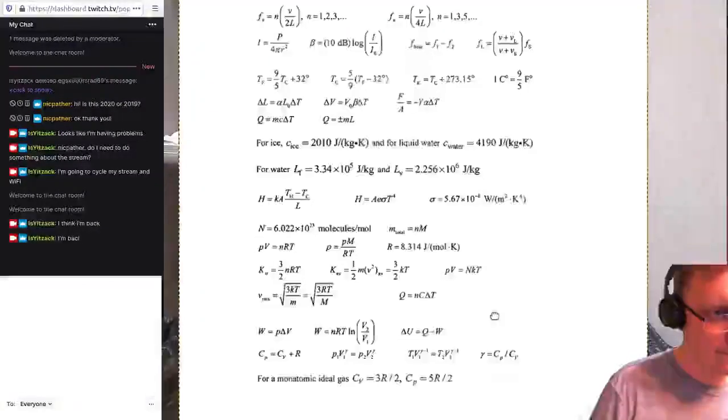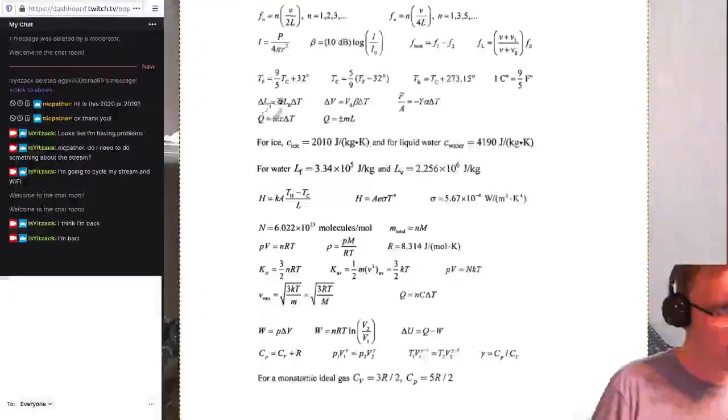Where is it? There it is. So change in L is equal to alpha times L naught times the change in temperature. It just wants the proportionality of this here. So if we divide L naught to the other side, we have delta L on L, and we get a percent value.